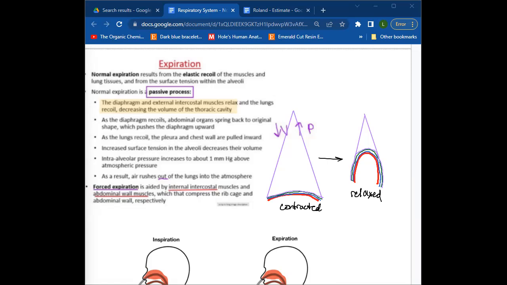And as the volume decreases, you can see that the space inside the lung gets smaller. So the volume goes down, and therefore the pressure goes up. Well, air flows to areas of lower pressure. It's going to want to flow to areas of lower pressure.